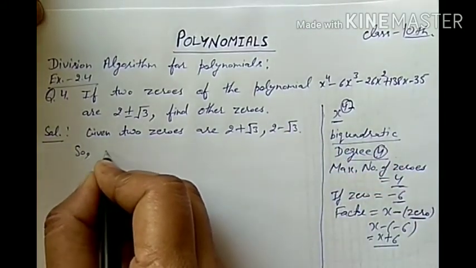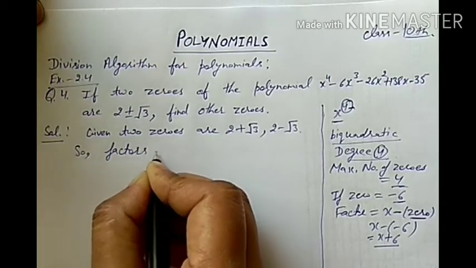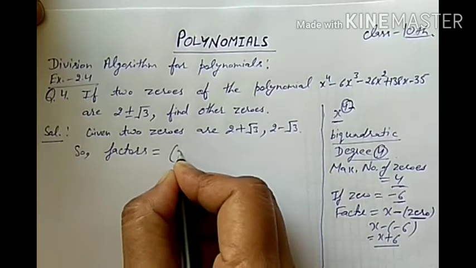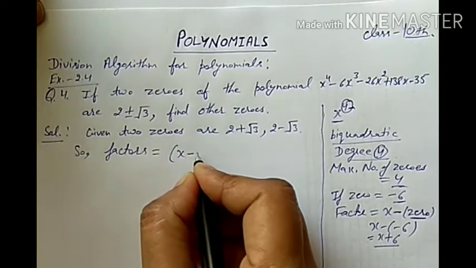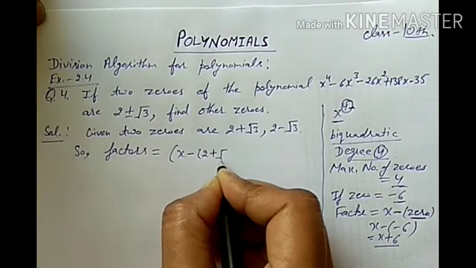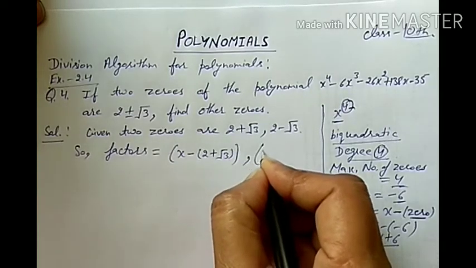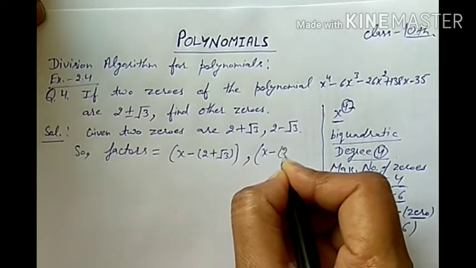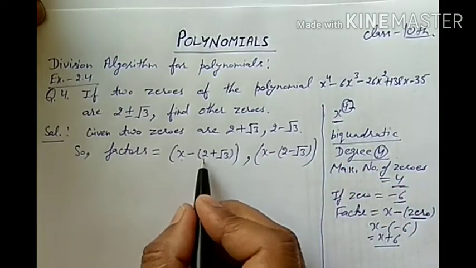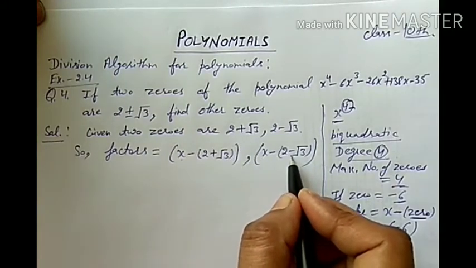So, factors will be equal to x minus 2 plus under root 3, x minus 2 minus under root 3. Means x minus first zero, and x minus second zero.